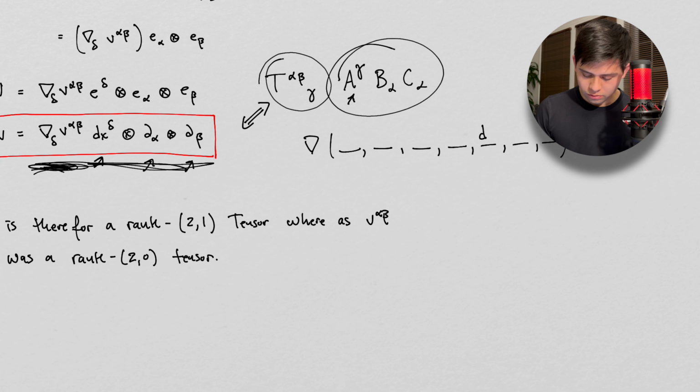It needs to know the dx direction, it needs to know d alpha, it needs to know del beta, it needs to take in gamma, beta alpha, C alpha, and then our tensor, which was our rank 2, 1 tensor.